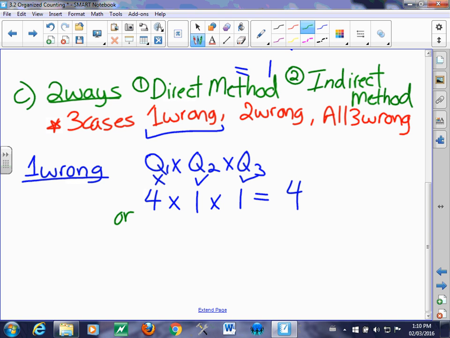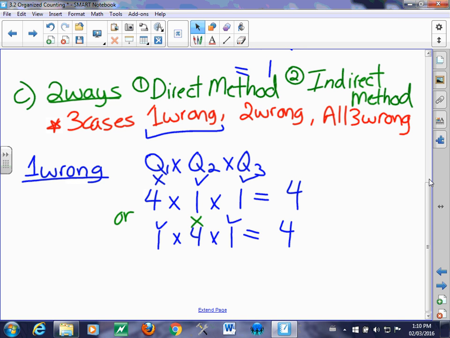What if we had question 2 wrong this time and we got questions 1 and 3 right? There's only 1 way to get it right, 4 ways to get it wrong. So if you got question 2 wrong but 1 and 3 right, there's 4 possible ways that could happen.